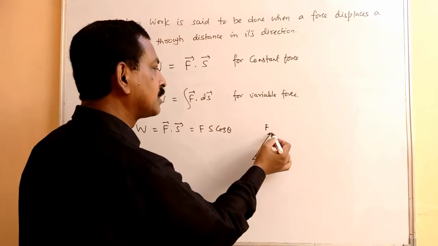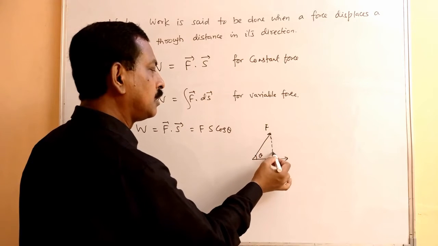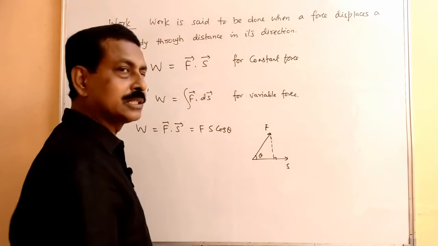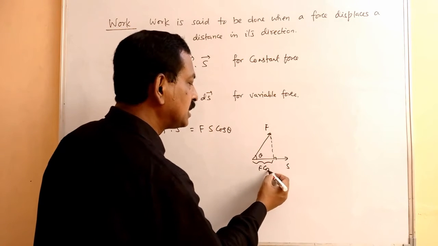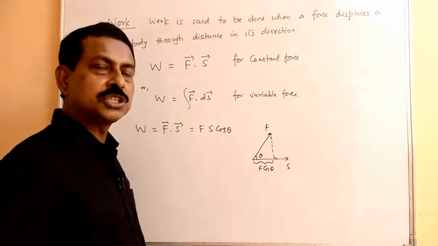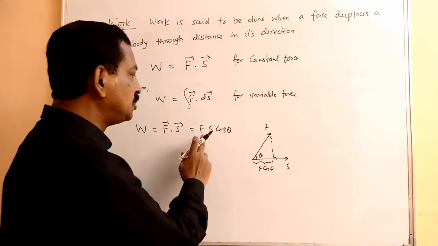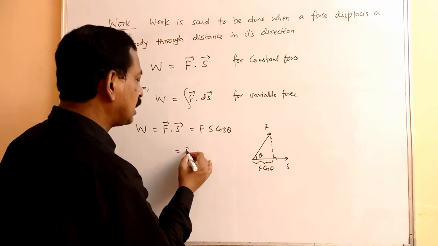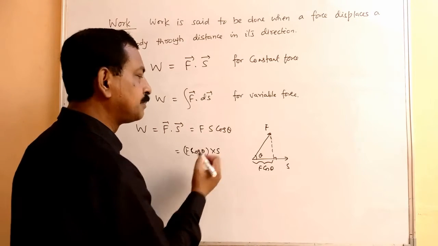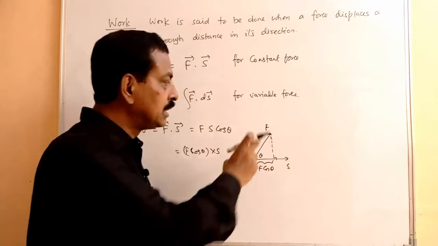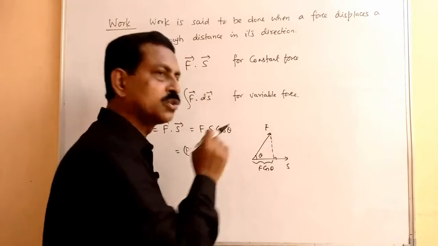Suppose I take a perpendicular and we drop it like this. That means this expression will be how much? This is your F cos theta. So this one can be written as your F cos theta into S. That means this is the component of force in the direction of displacement.